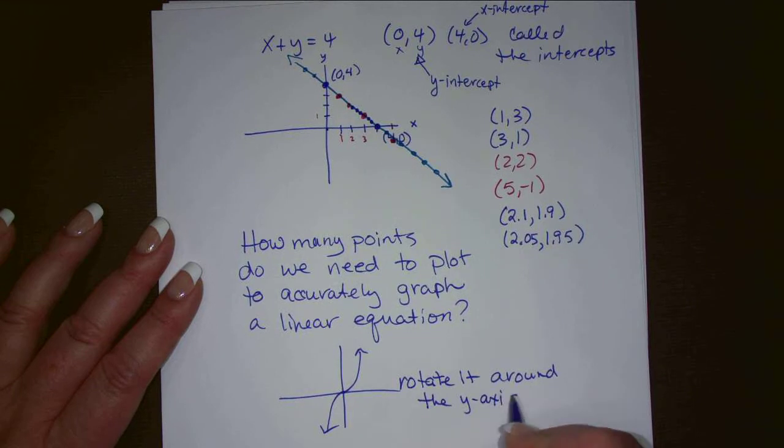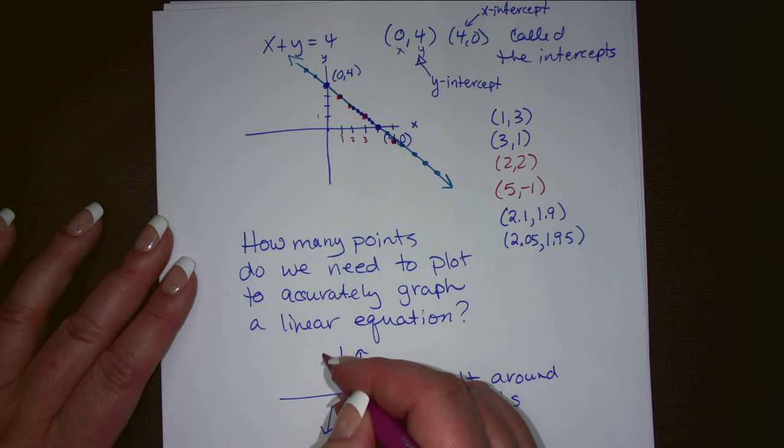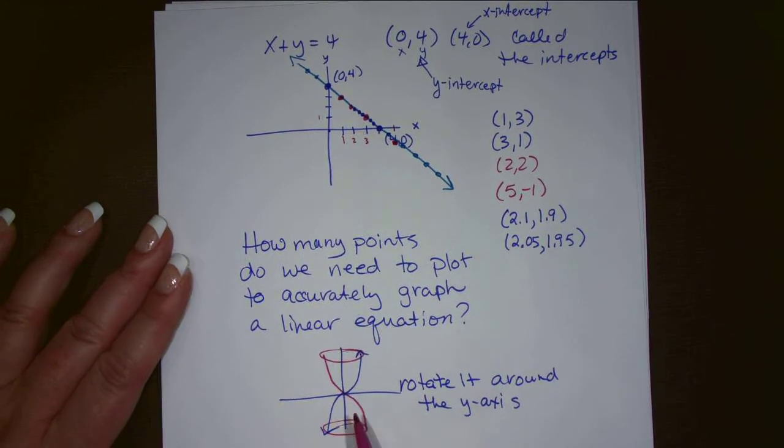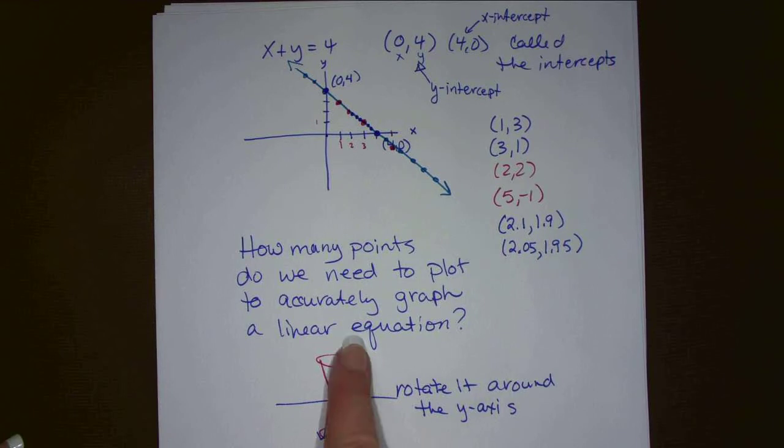And what that looks like will be sort of like a funnel, and you have to actually picture that. If you're using graph paper and trying to get all the points right and concentrating too much on that, you're never going to get to the rest of the question. So you need to be able to take a graph, draw it in the right place, so that when you rotate it, you can see the shape that there is. Don't worry if you don't see it.